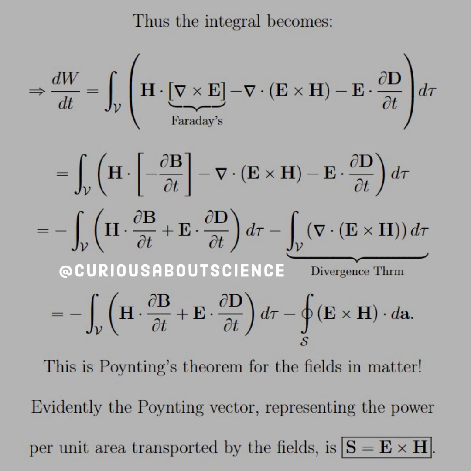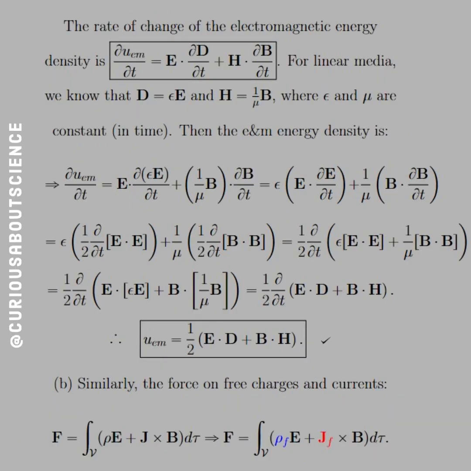Evidently, Poynting's vector, representing the power per unit area transported in the field, is the integrand of the closed integral. So we have S equals E cross H, check. And the rate of change for the electromagnetic energy density is du_EM/dt equals E dot partial derivative of D with respect to t, plus H dot dB/dt.